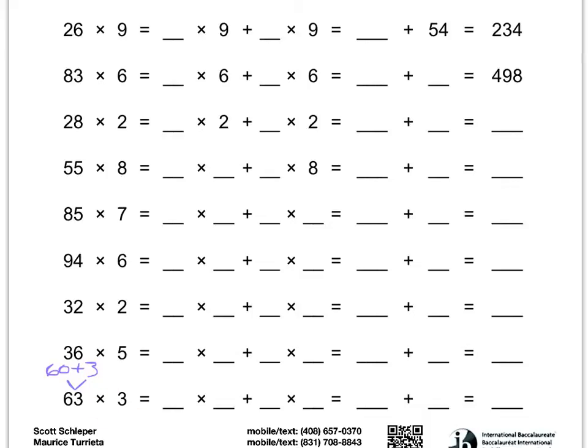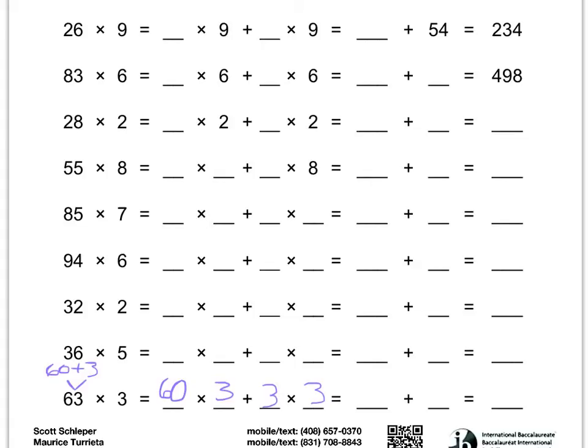So just to get the 3 out of the way, I know that the 3 comes after the multiplication symbol, so this should be a 3 and that should be a 3. So I'm going to go ahead and fill those in. That's a 3, and there's a 3 there. Okay, we're already on our way. Okay, and then I've already split up the 60, so the 60 goes here, and then the 3 part goes here. So 60 and 3.